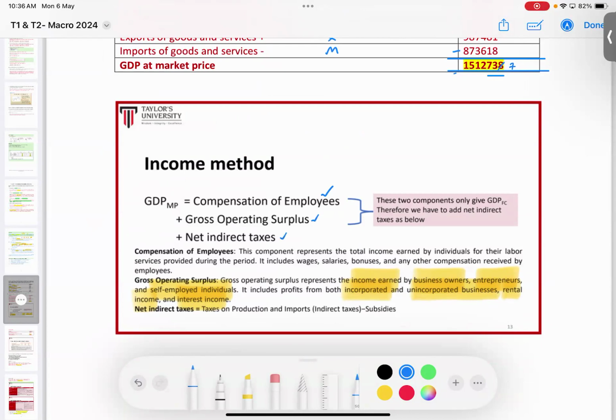What do we mean by net indirect taxes? Net indirect taxes means taxes on production minus subsidies. That's what we call net indirect taxes.